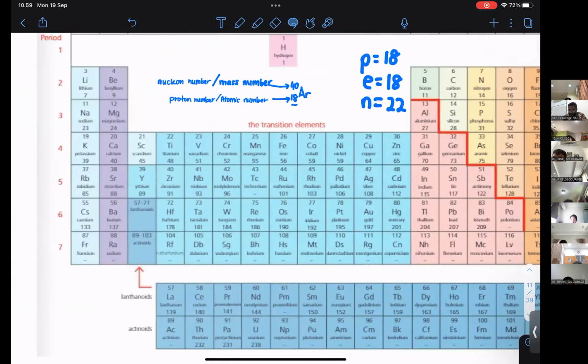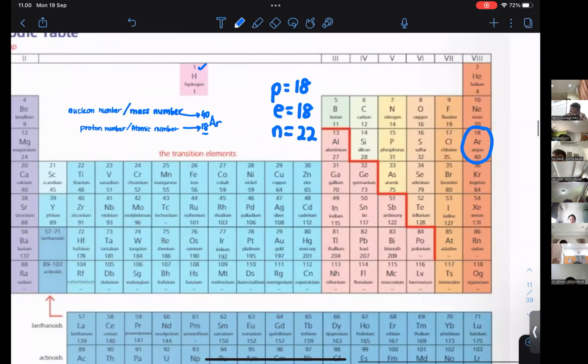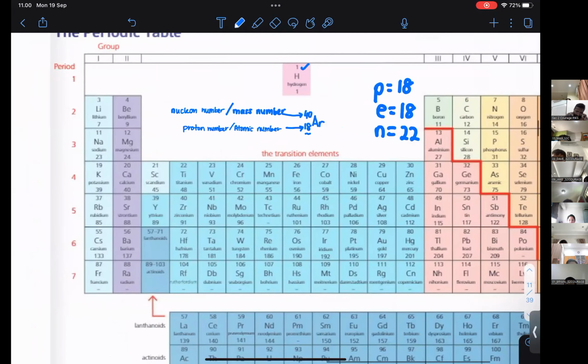You can see number 1, followed by number 2, followed by 3, 4, 5, 6, 7, and you go on. So they are arranged according to the number of protons.